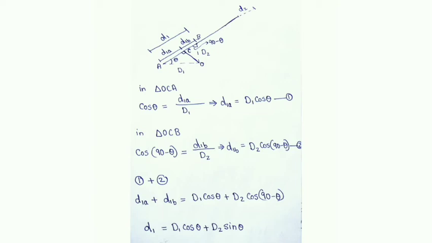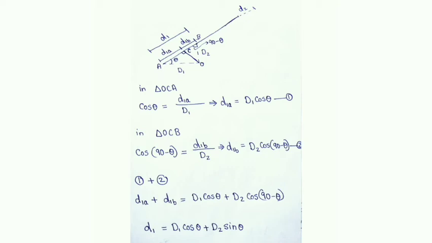Now add equations 1 and 2. What will we get? d1a plus d1b is equal to D1 cos theta plus D2 cos 90 minus theta. But what is this d1a plus d1b? It is the total length of AB, which is small d1. And also we have cos 90 minus theta. What is it? It is sin theta.